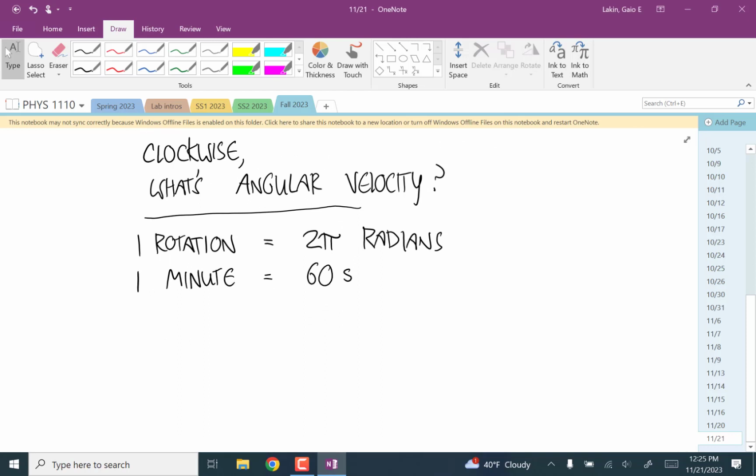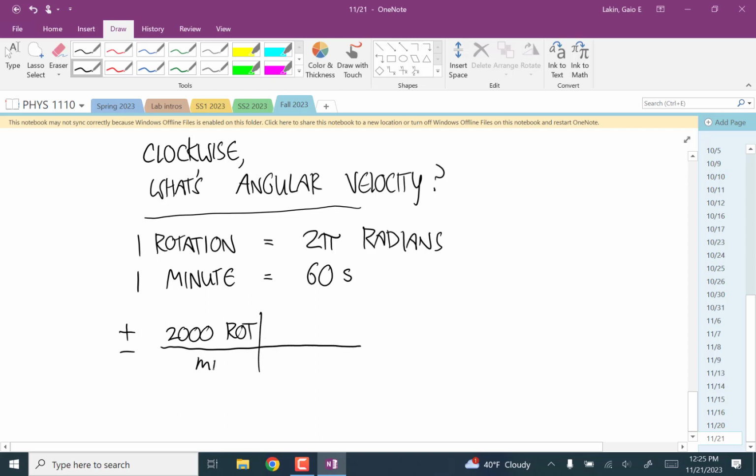It's going 2,000 RPM, so its angular velocity is going to be plus or minus 2,000 rotations per minute. One rotation is 2 pi radians.